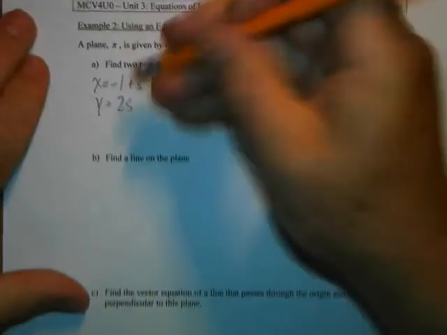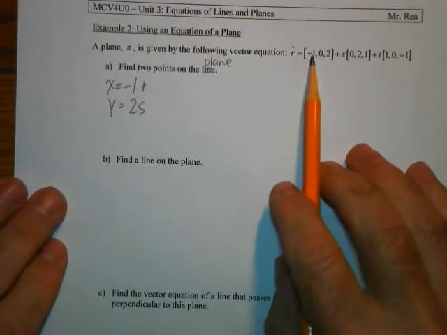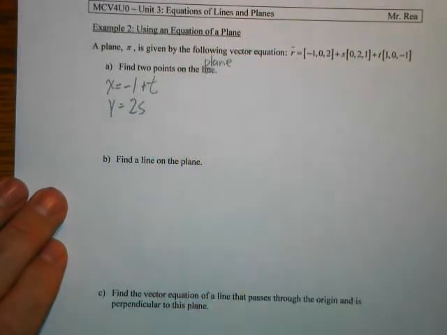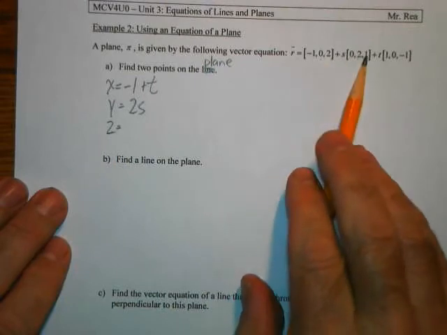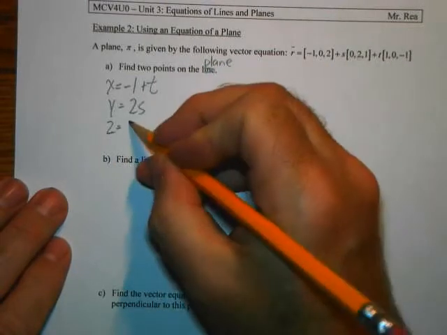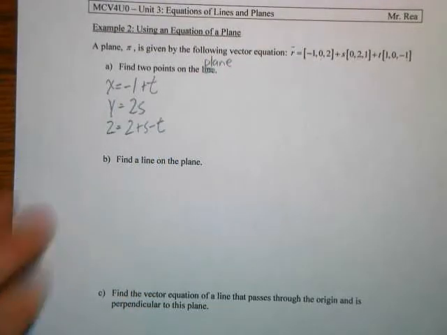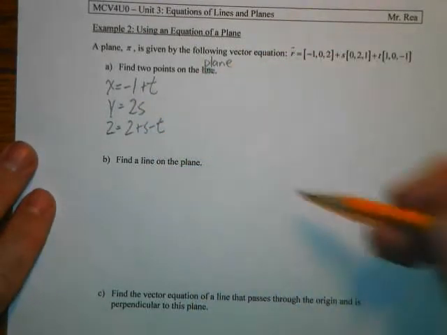Sorry, I wrote down the wrong letter here. X is equal to -1 plus 0s plus 1t. I wrote down s instead. And then z is equal to 2 plus s minus t.